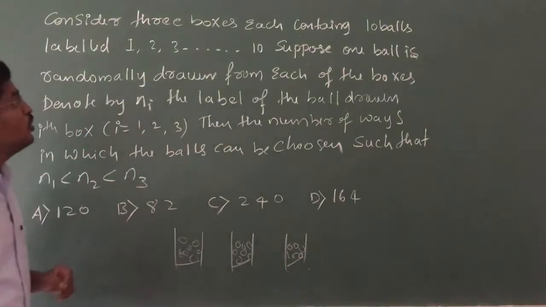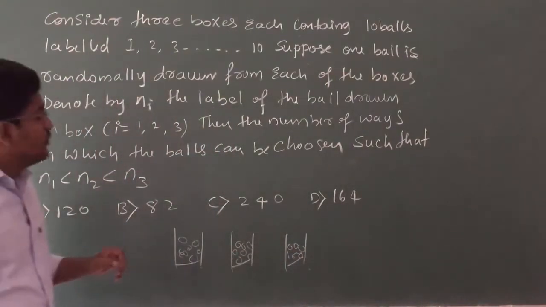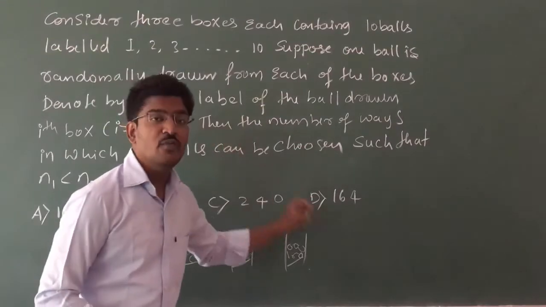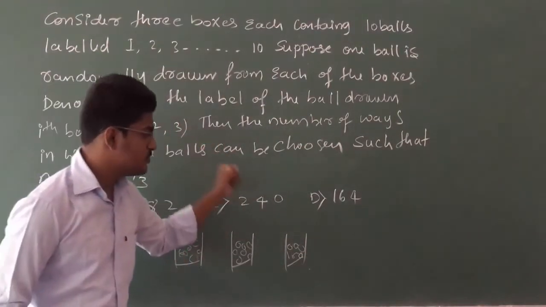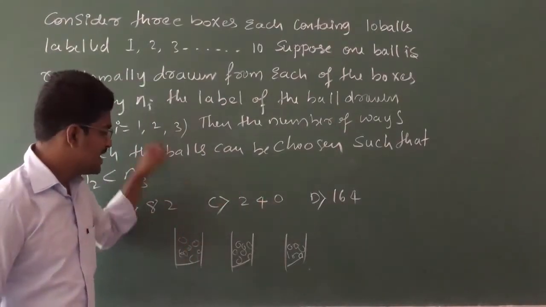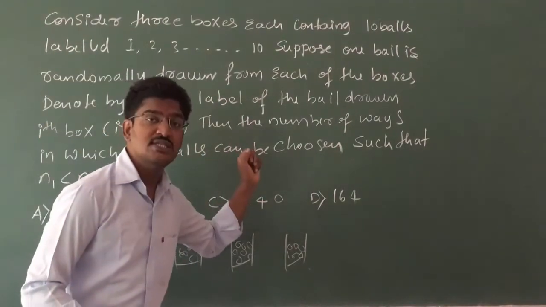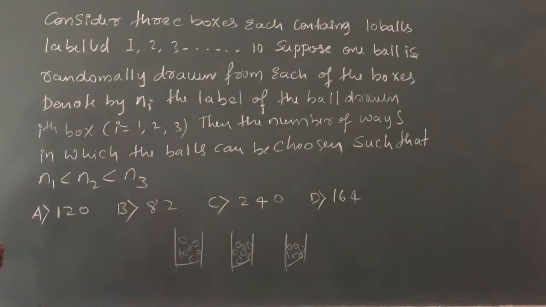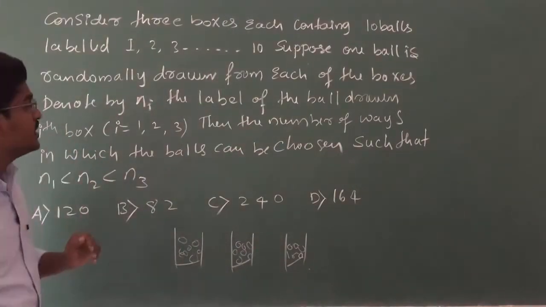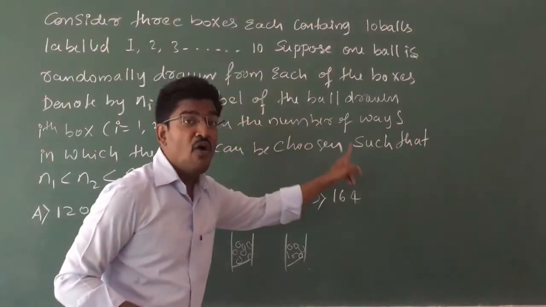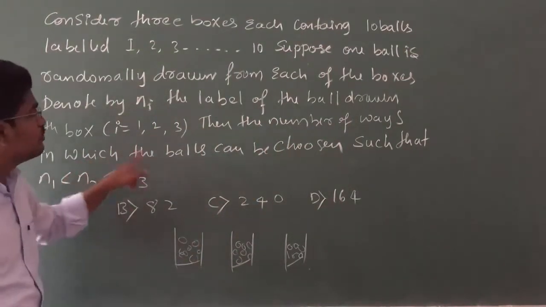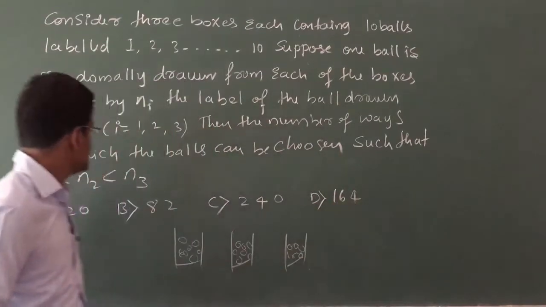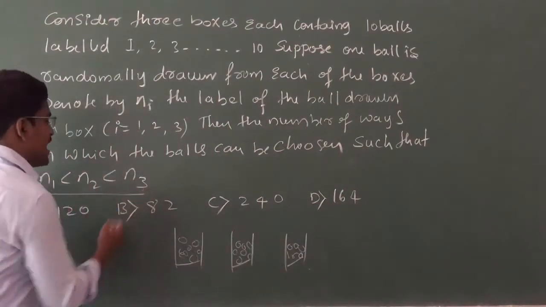Clear? What is our experiment? We have to randomly draw a ball from each box. Clear? So here you must understand the number of ways in which the balls can be chosen such that this must happen.